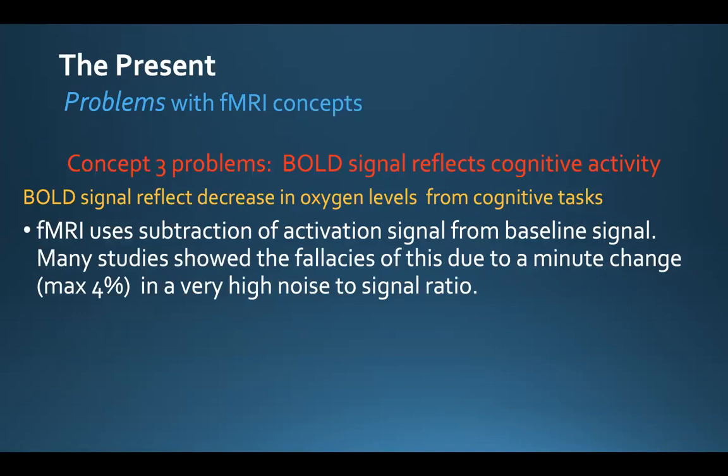Functional MRI uses statistical numbers, and to get the numbers, you do subtraction, mathematics, of the activity at rest from the activity with cognition. And they did studies to show that this is a fallacy, because the difference between the two is only 4%.